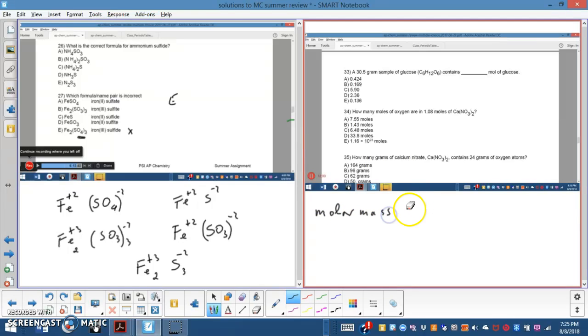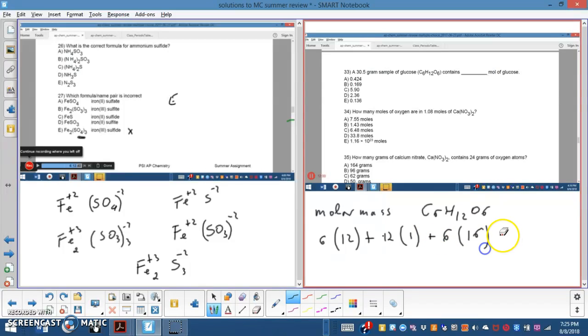for your glucose. So the formula is C6H12O6. So according to this, you just calculate your mass. So you have 6 atoms of carbon and 12 of 1 gram, which is the hydrogen, and 6 more of oxygen. You add them up and you have 180 grams per mole.